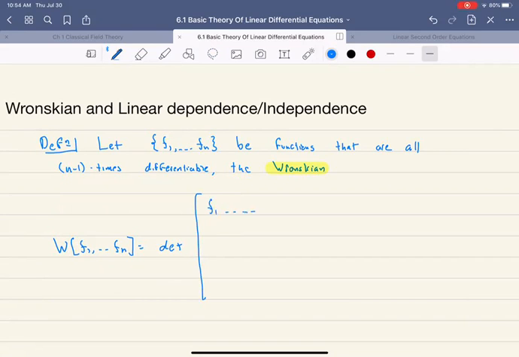So f1 through fn along the top row, f1 prime through fn prime along the second row. I guess you can see where it's going, I hope. And all the way down till you get to the n minus 1 derivative.